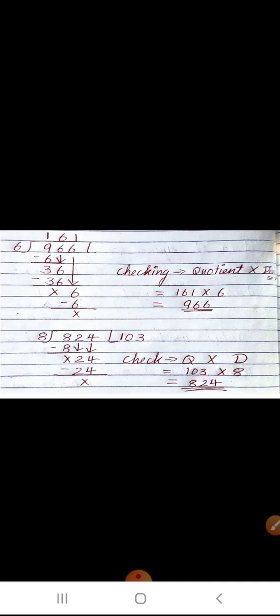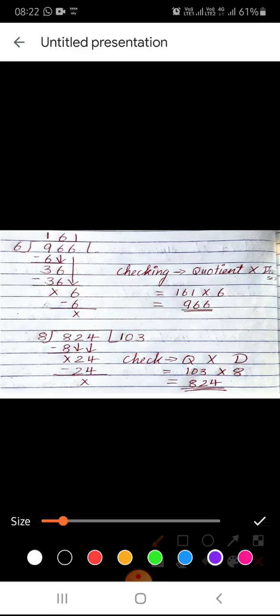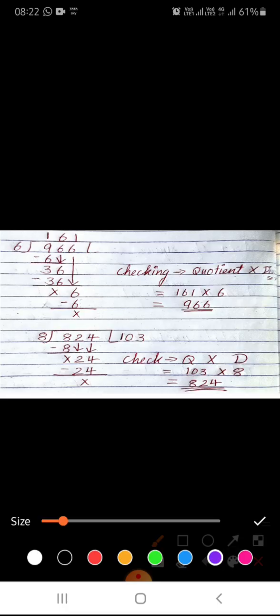Okay, so you will do these questions. Question number 8, first part, it is 966 divided by 6. When we perform the division, 6 ones are 6, remainder 3, then 6 6s are 36 again, and when we turn up this 6, there will be nothing in the remainder. In this case, remainder is 0.